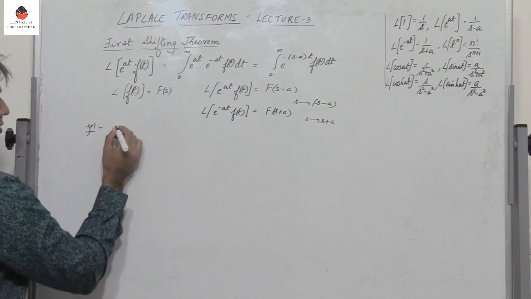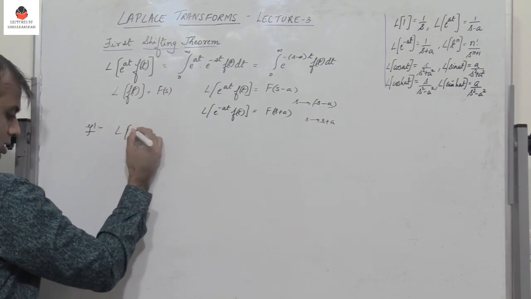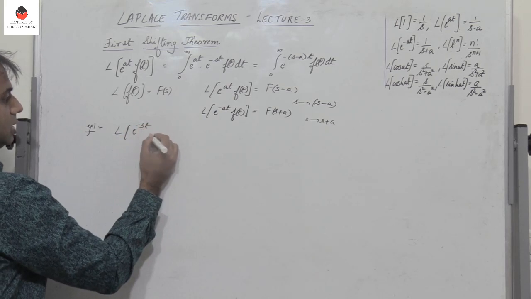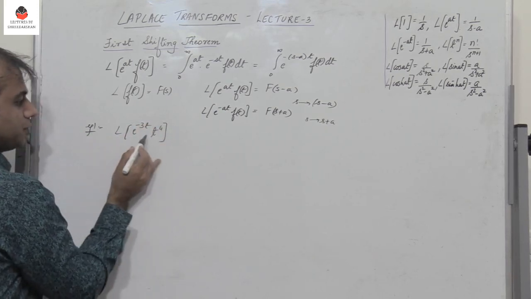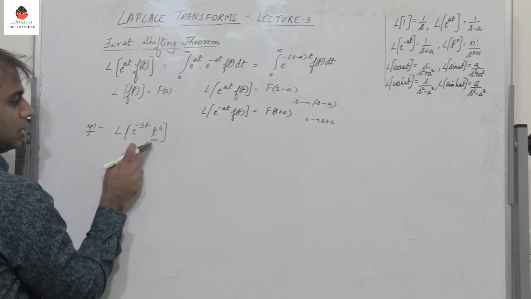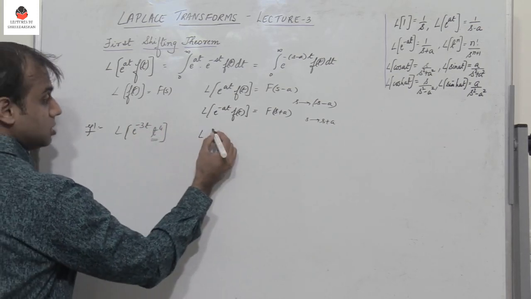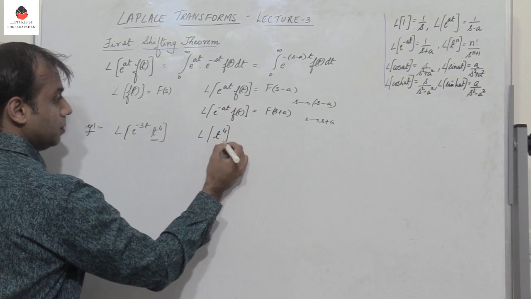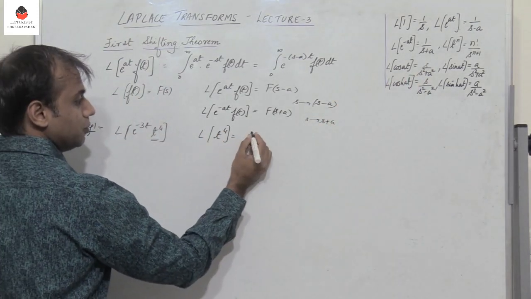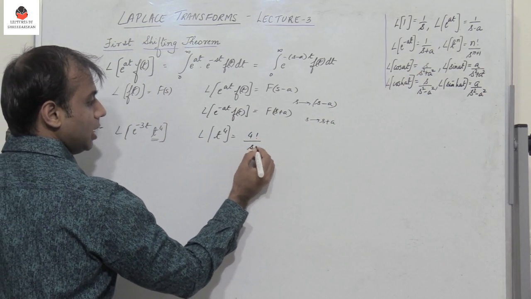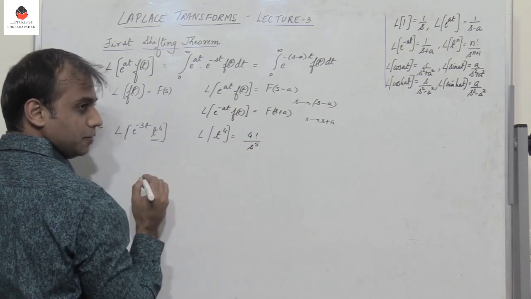Find the Laplace transform of e power minus 3t into t power 4. So in such problems, first find the Laplace transform of t power 4. Laplace transform of t power 4 is, of course we have to use this expression, isn't it? So it is n factorial, 4 factorial divided by s power 4 plus 1, which is 5.